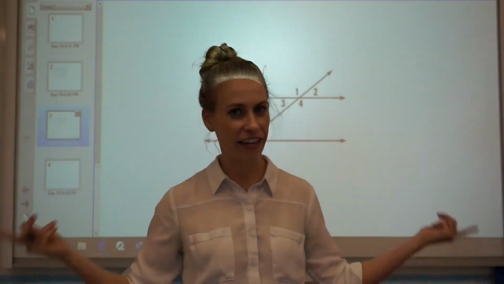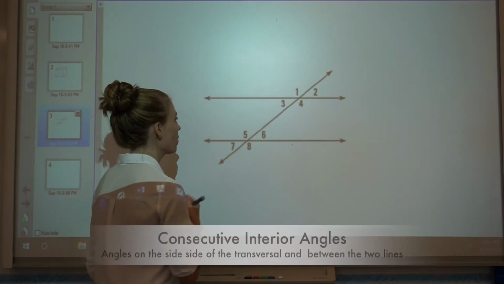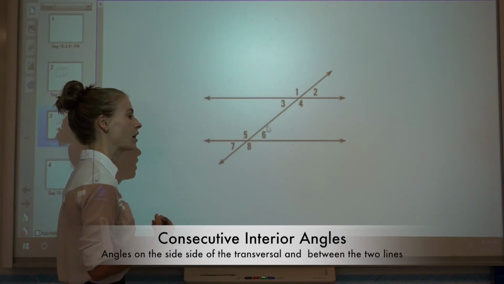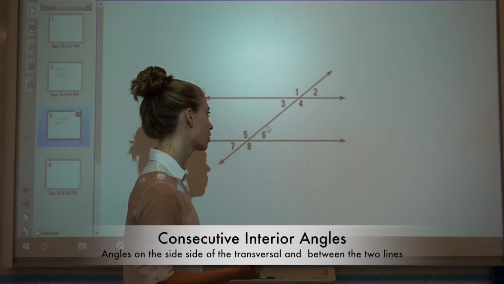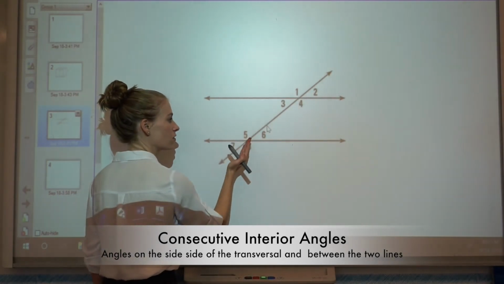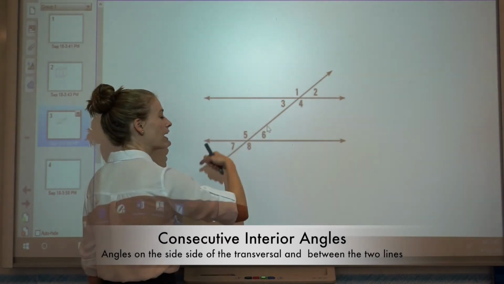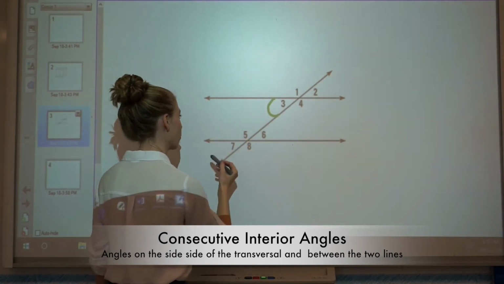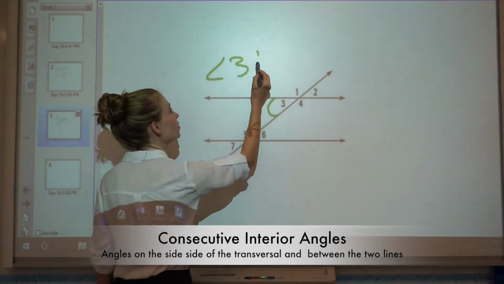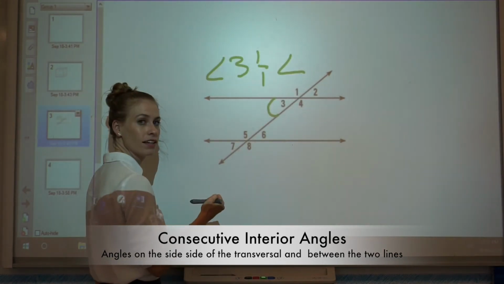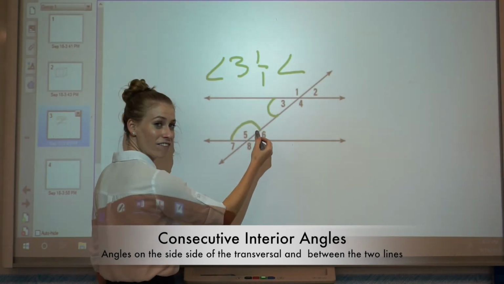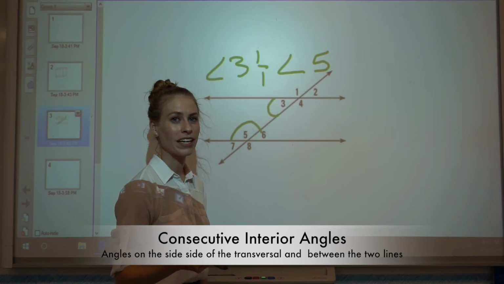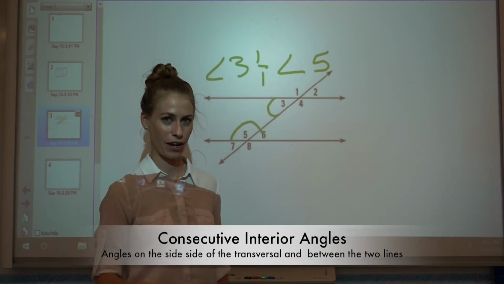Let's talk about consecutive interior angles. If we were trying to find consecutive interior angles, we're going to stay on the same side as the transversal and look at angles that are in between these two lines right here. Okay, so let's look at angle 3. The other one in the pair would be what? Angle 5. So those would be consecutive interior angles.